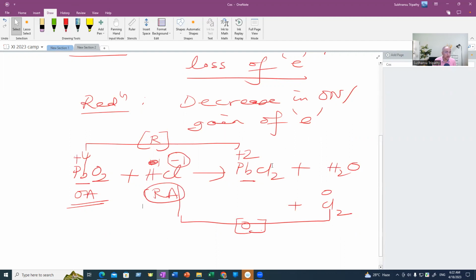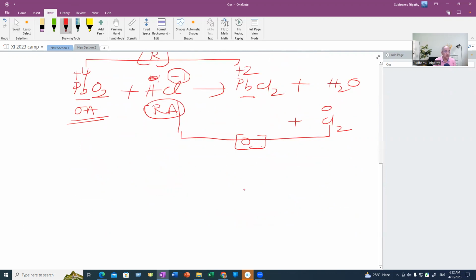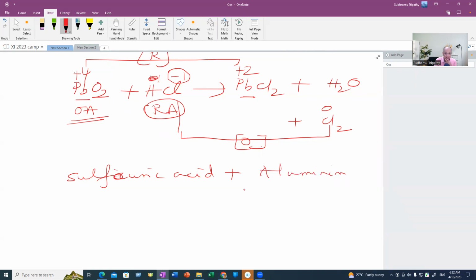So these are all redox reactions. On the contrary, if I tell you to write down a non-redox reaction, you will immediately know. Say an acid like sulfuric acid, write down its formula, reacting with, say, aluminum hydroxide.